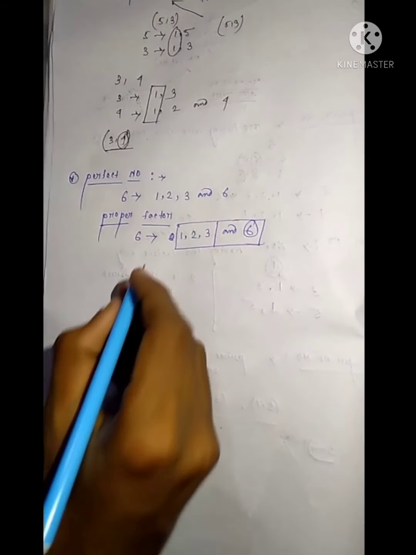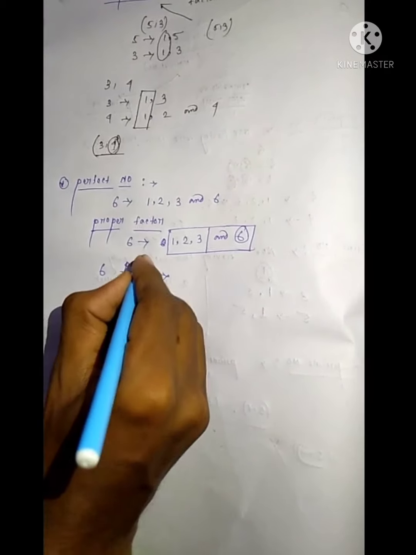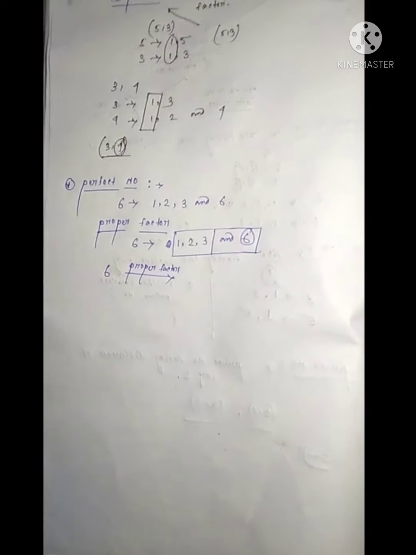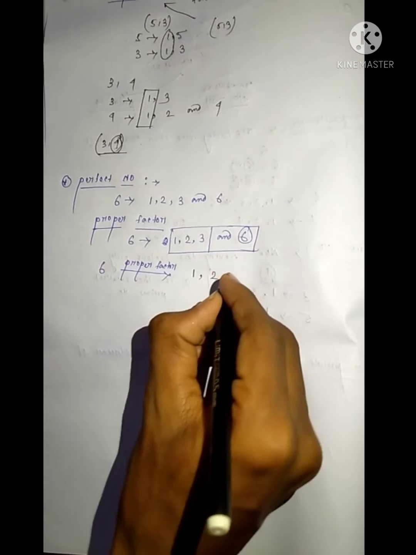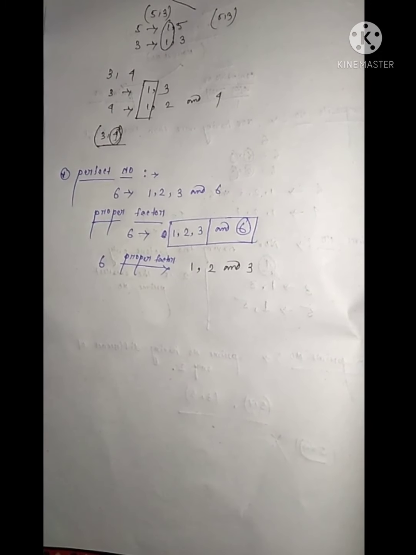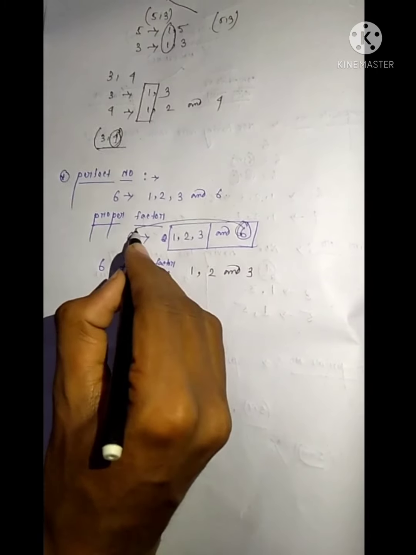That means the proper factors of 6 are 1, 2 and 3. Just remove the original number.